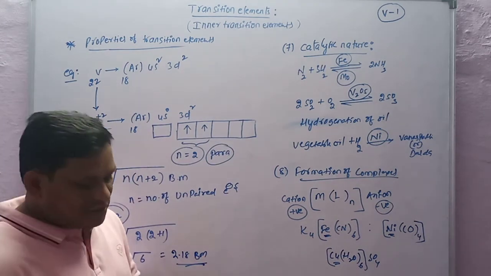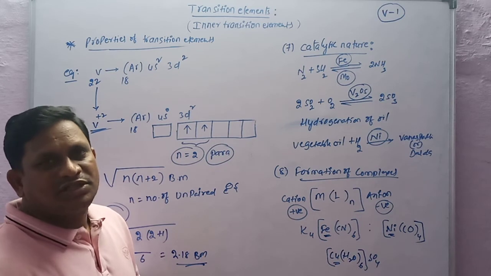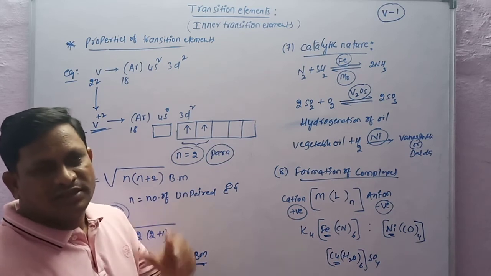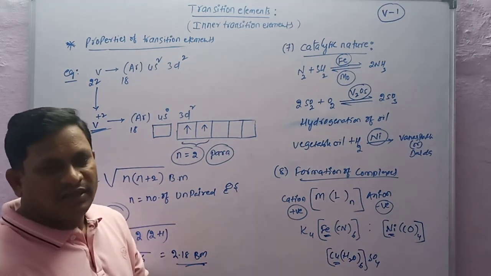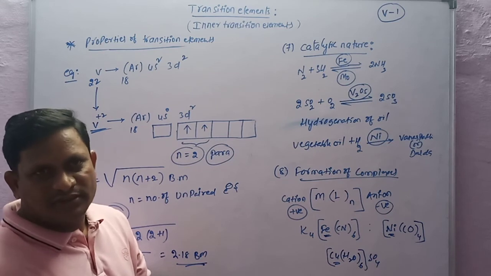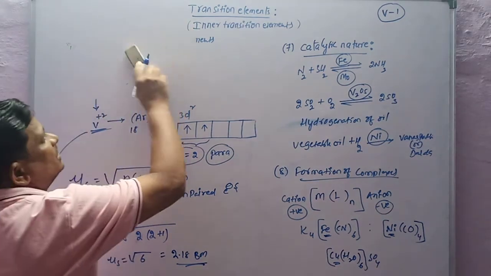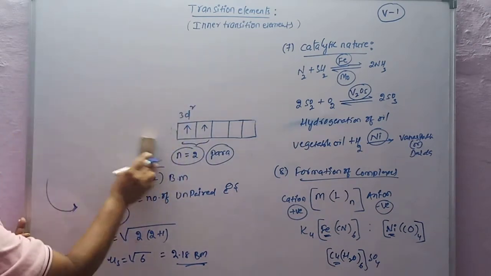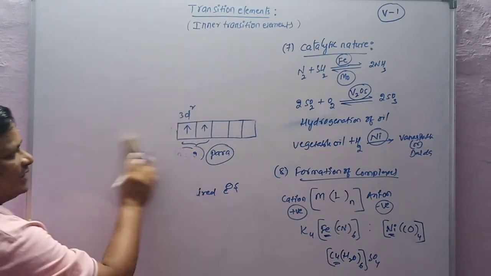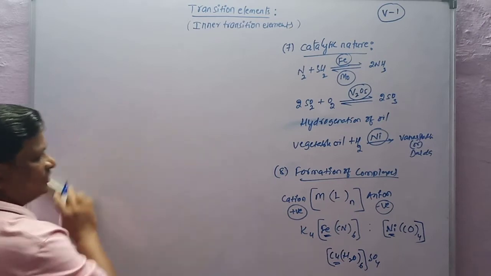Now, transition elements also show interstitial compounds. Interstitial compounds are non-stoichiometric compounds. Transition elements also form alloys.